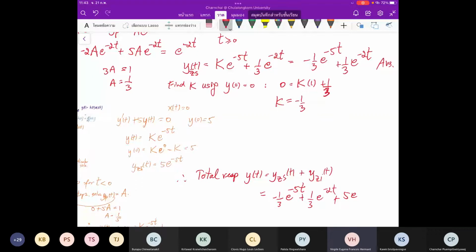So 5 minus 1/3 is 15 minus 1, which is 14 over 3, so 14/3 e to the negative 5t plus 1/3 e to the negative 2t. I think that's it. Did I do it right? And that's our answer.